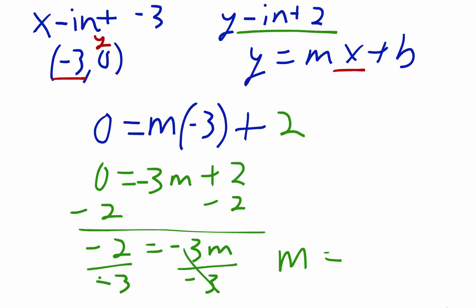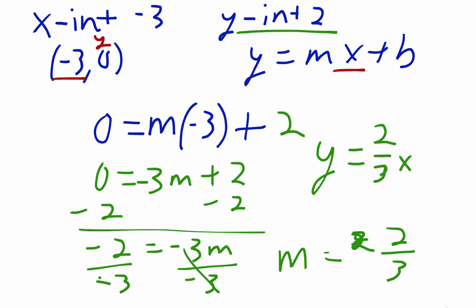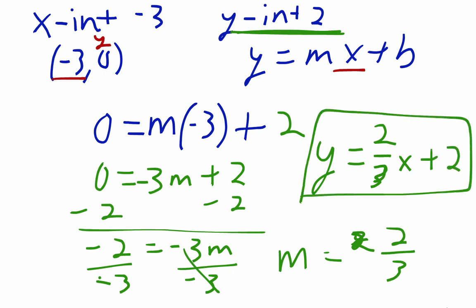So m equals negative 2 over negative 3, which is 2 over 3, so that is my slope. So my equation then would be y equals, my slope is 2/3, x, and my y-intercept, which is way up here, is 2, so it'd be plus 2. So that's how I'd write my equation.